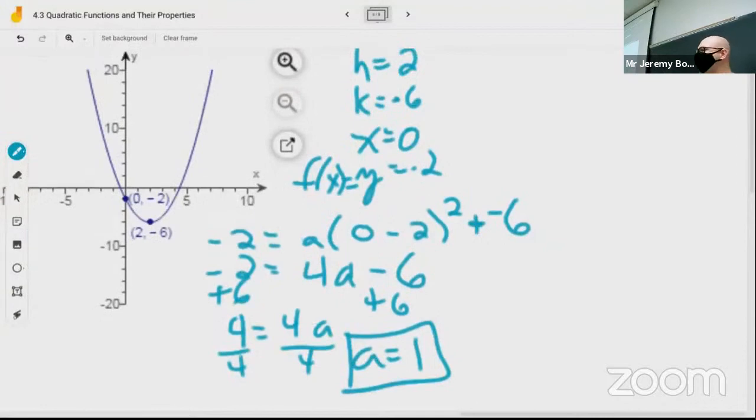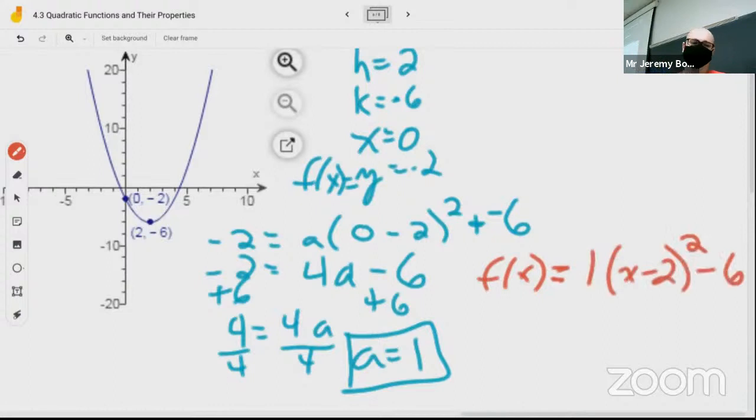So now we're going to plug everything back in, but the f of x and the y, we're going to plug into a, plug into h, plug into k. And we're going to have what? f of x is going to equal 1 times (x minus 2) squared plus -6.